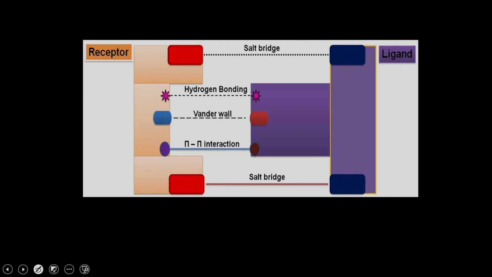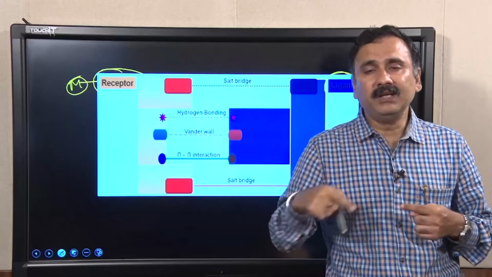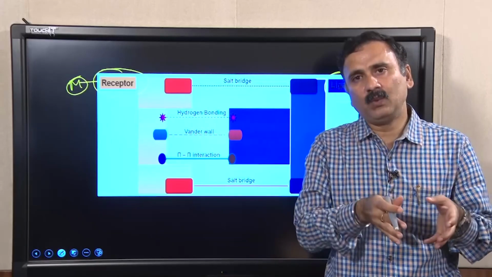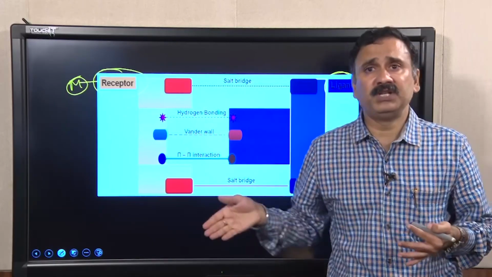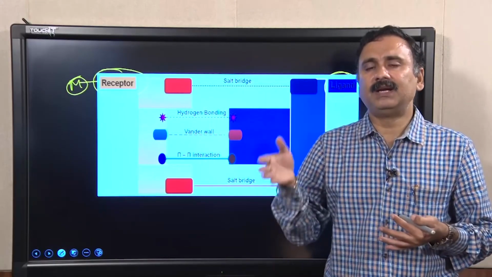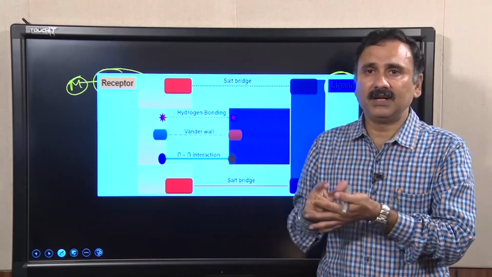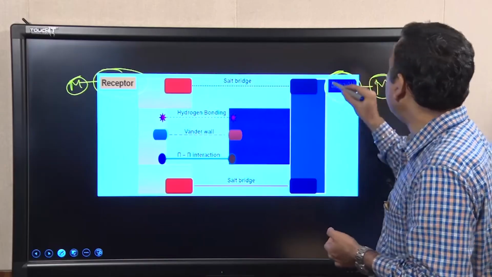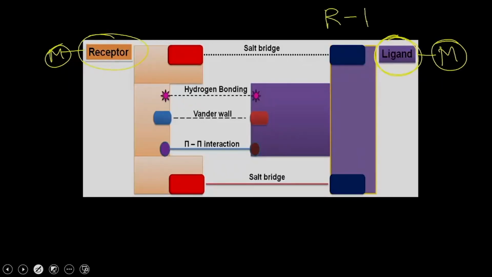So, for performing affinity chromatography, what you are supposed to do is work with receptor ligand complexes. You have the choice of either coupling the receptor to the matrix, or coupling the ligand to the matrix, depending on which one is easy to perform. For example, if I am working with a ligand which is non-proteinaceous in nature, then I cannot use that ligand to couple it to the protein, because if I couple the ligand to the matrix, I have to couple the receptor to the protein.